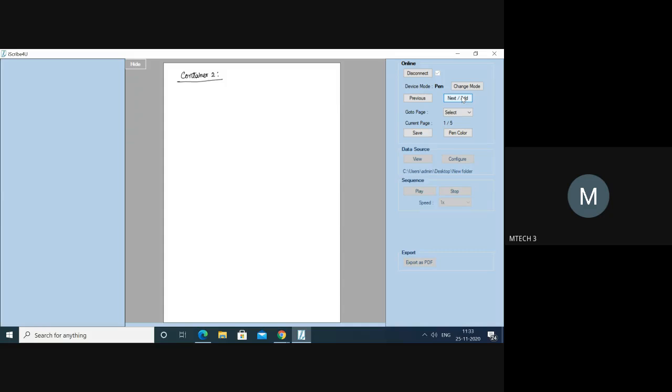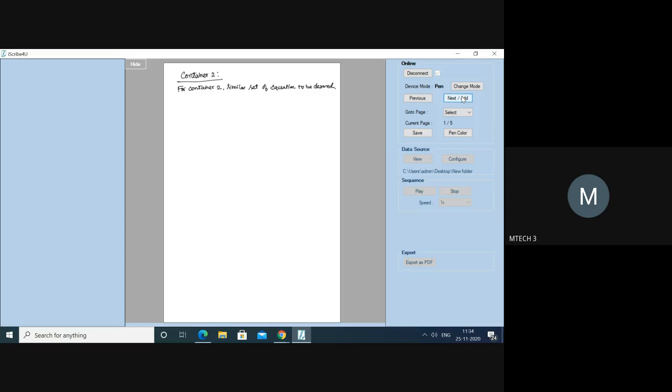For container 2, now it is easy for you, a similar set of equations is to be derived. This is for you to understand.